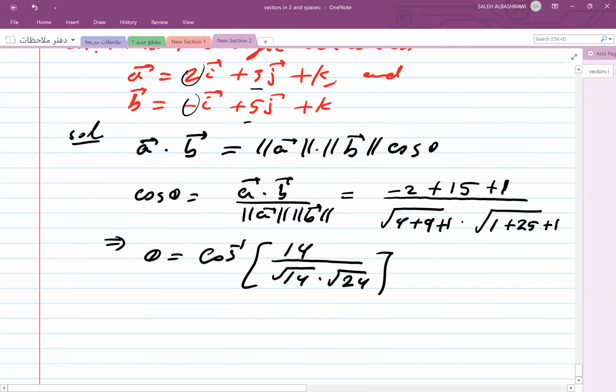Now let's speak about orthogonal vectors.